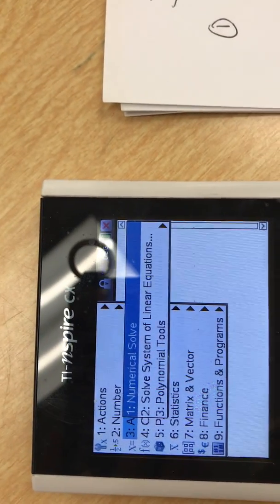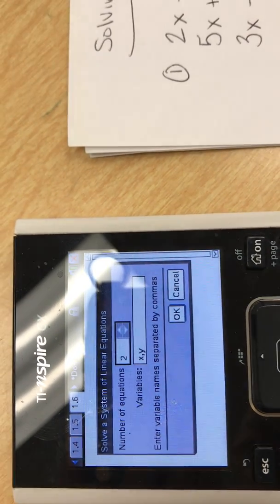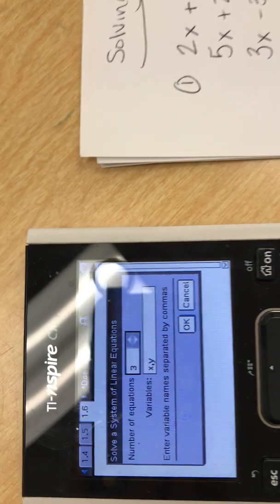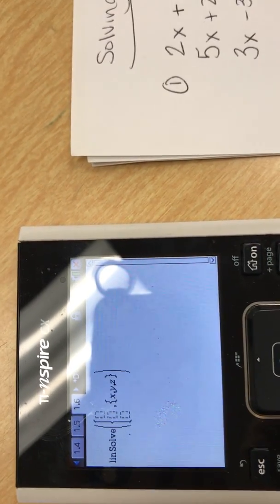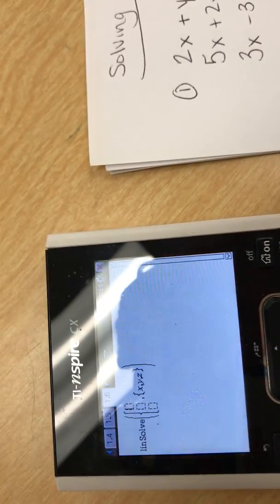Sometimes you'll have 2 steps to get to this point, depends upon what your calculator's up to, okay? All right, so we're going to change it to 3, and it sets up for the 3 systems. Again, we did this in class, and it's written on the back of your notes page.